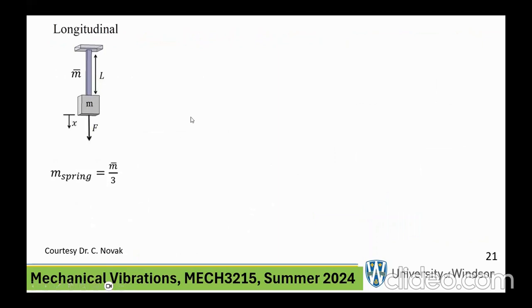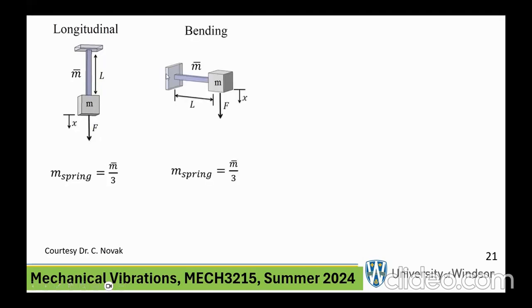Now, based on what I just told you, if you have axial vibration, for example, of this setup, whatever the mass of this rod is, that is acting as your spring. You take a third of it. If you're dealing with bending, whatever the mass of the spring is, take a third of it, just like that.